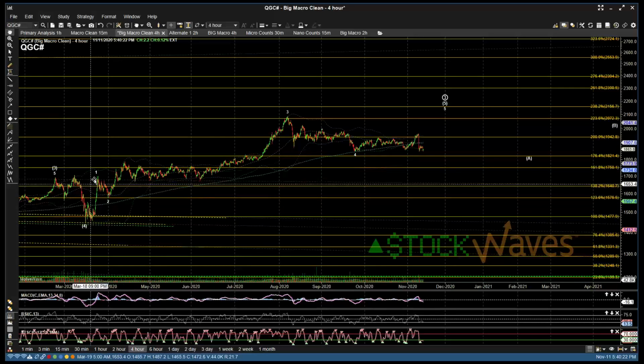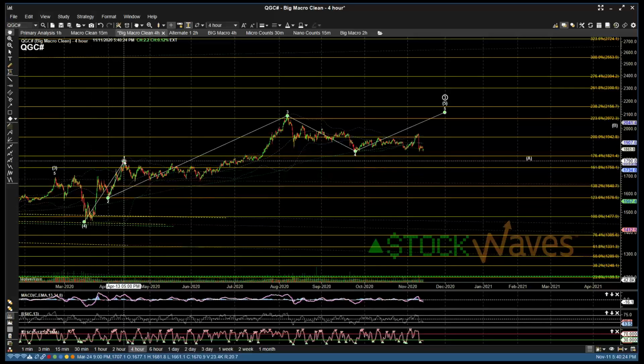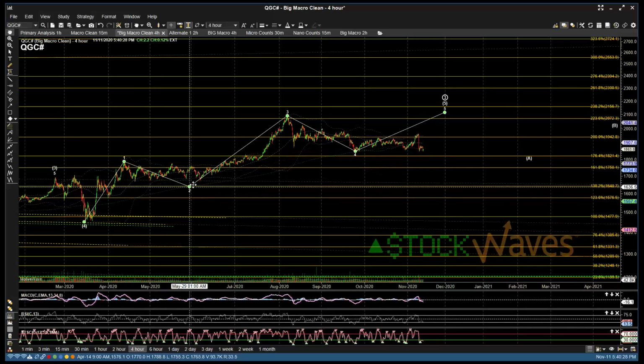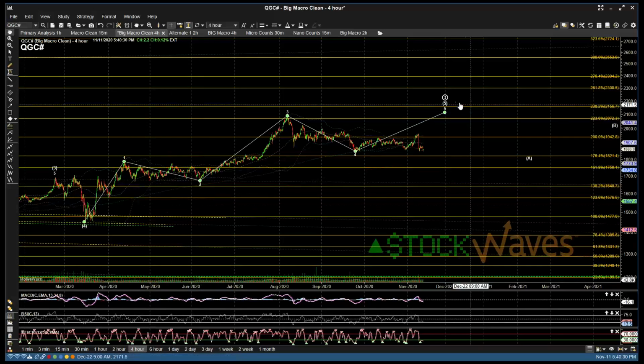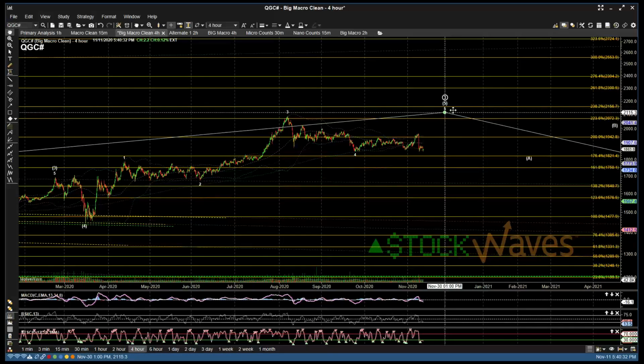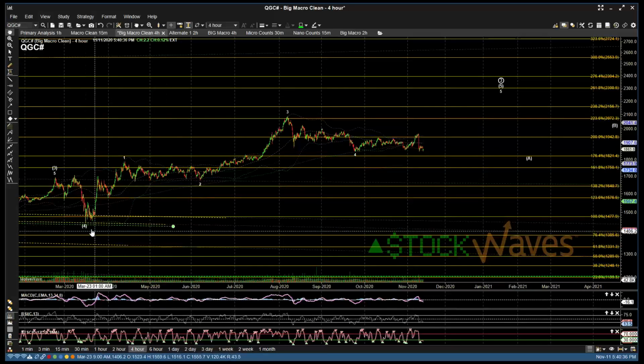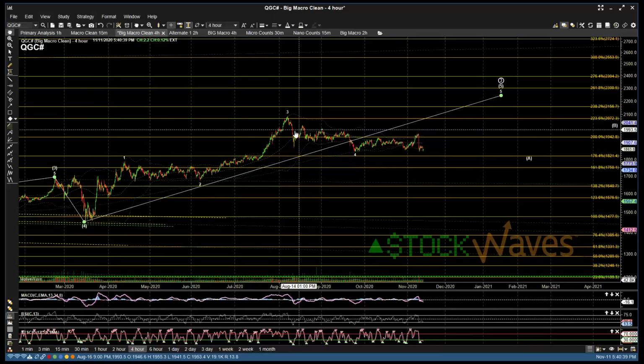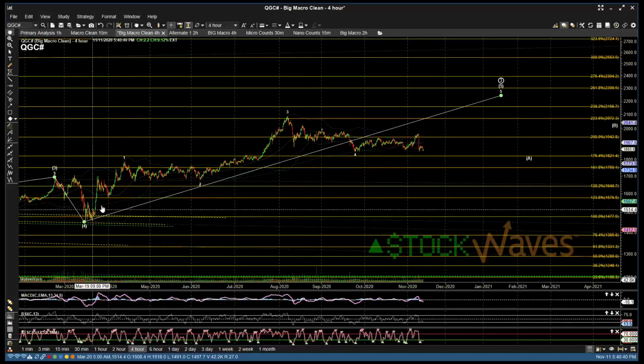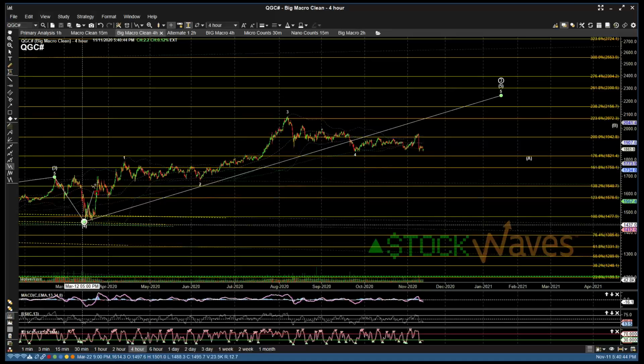We have been working off of the assumption that we are in a larger fifth wave of a primary wave 3, and that's the intermediate fifth wave off of the March low. That's parentheses wave 5, and it looks like it is filling out as a diagonal. I can go ahead and add the subwaves here.